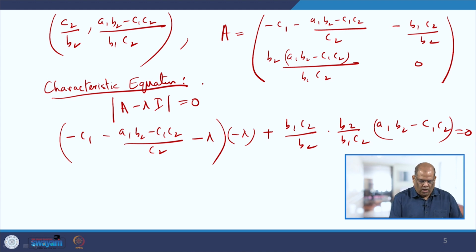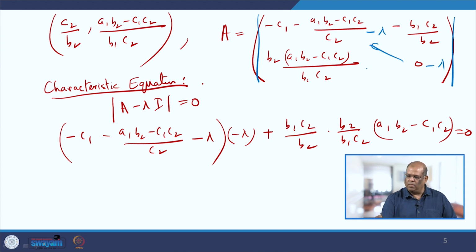So, for quick simplification, I have found this determinant. If I just cross multiply, I am going to get this particular value. Instead of solving for lambda here, I will be just finding the characteristic equation.